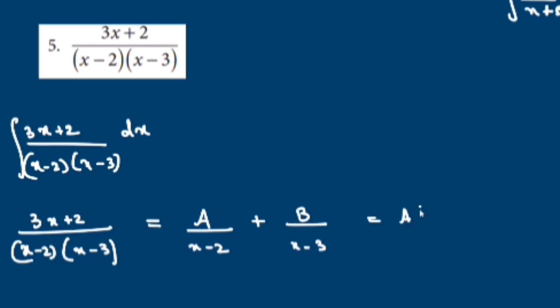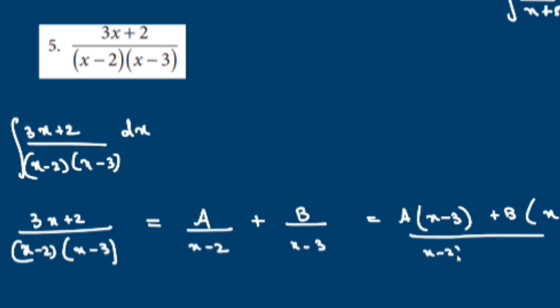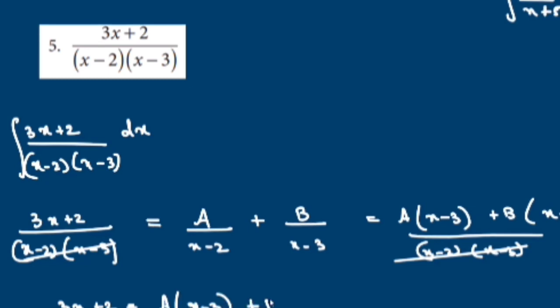So cross multiply: a into x minus 3 plus b into x minus 2 divided by x minus 2 into x minus 3. So cancel the denominators. So we get now 3x plus 2 is a into x minus 3 plus b into x minus 2.